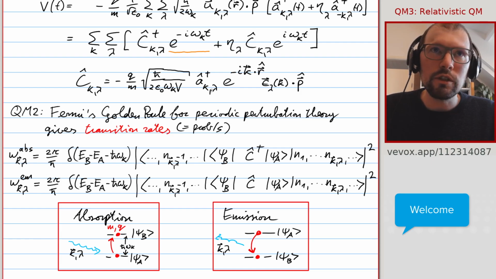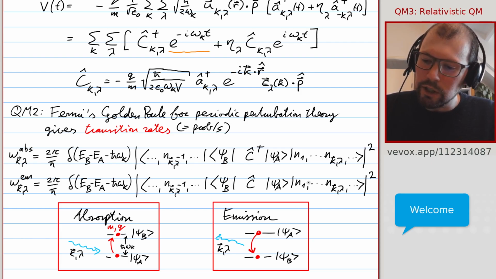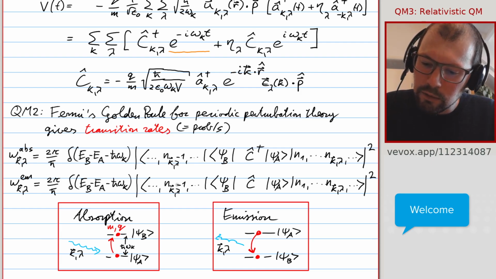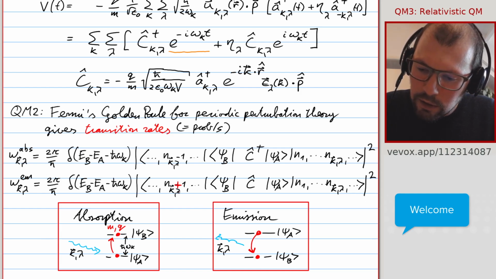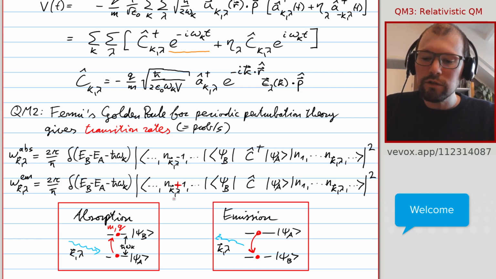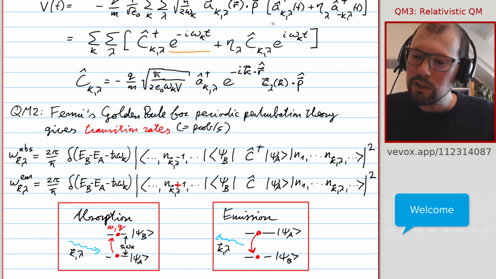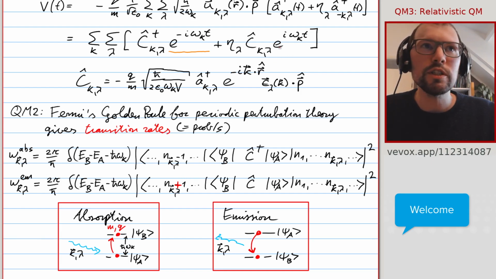Well, it creates a photon. So the only non-vanishing matrix element here is if I compare with an end state which has one more photon in this wave mode. And this term comes with the opposite sign phase.